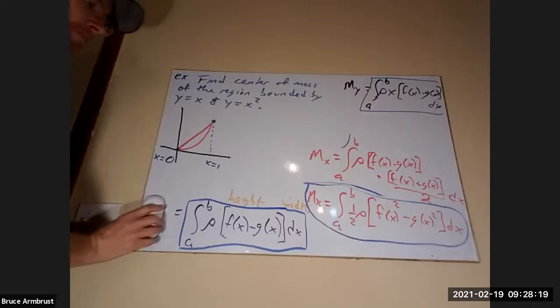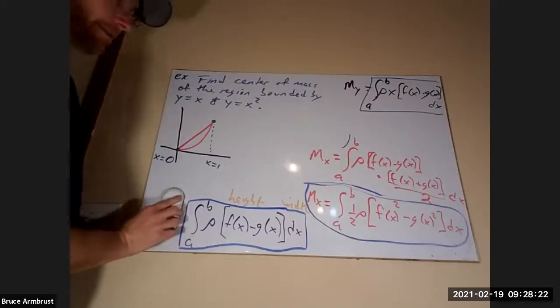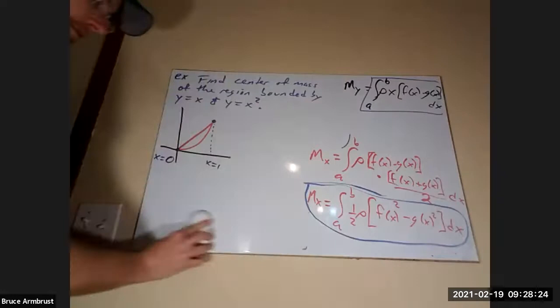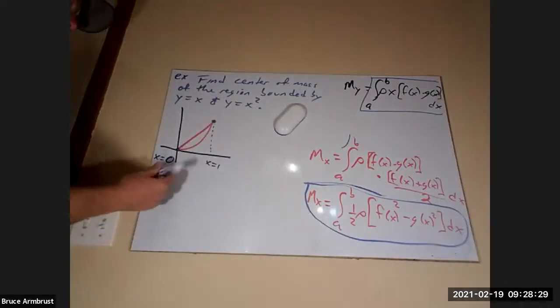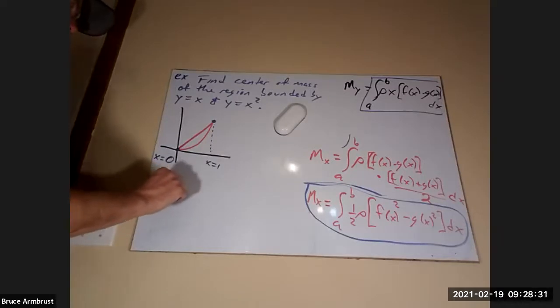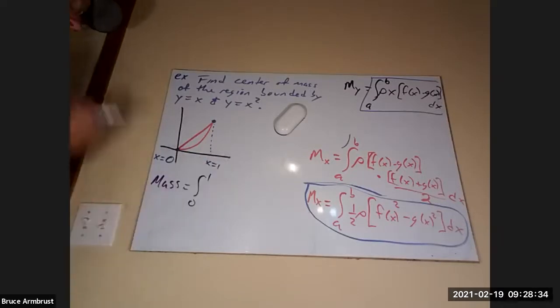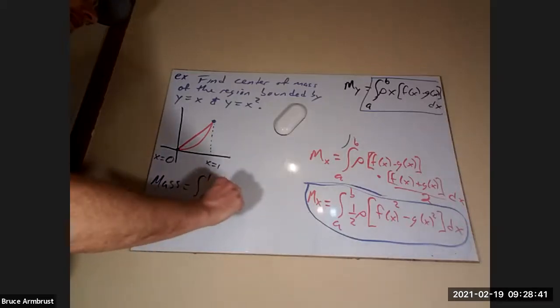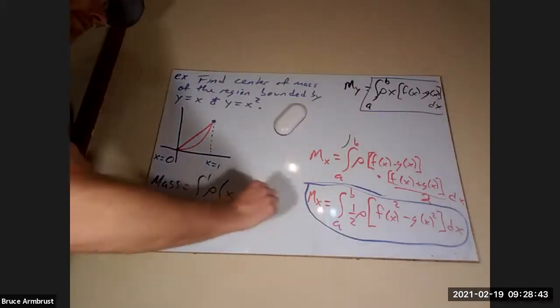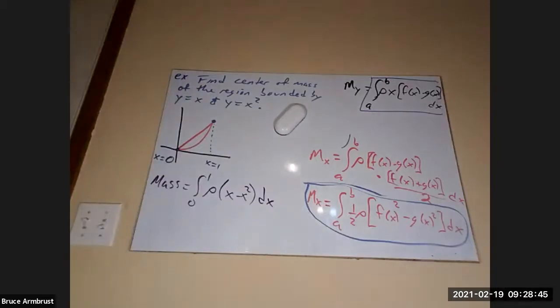All right, so let's go ahead and start with mass. I'm about to erase the formula, but we'll redo it here. So the mass of this thing is going to be the integral from 0 to 1 of rho times the difference in the functions, so x minus x squared dx. All right, well, that's an easy enough one to do.